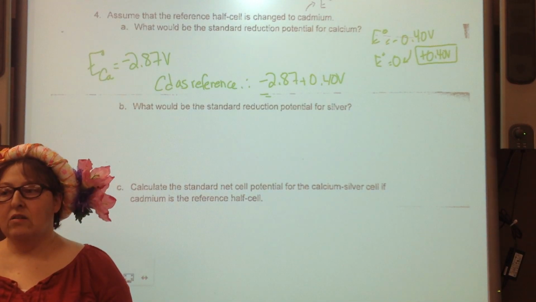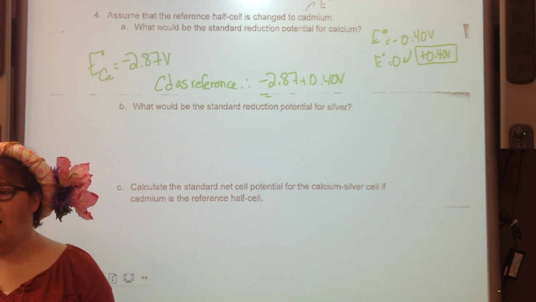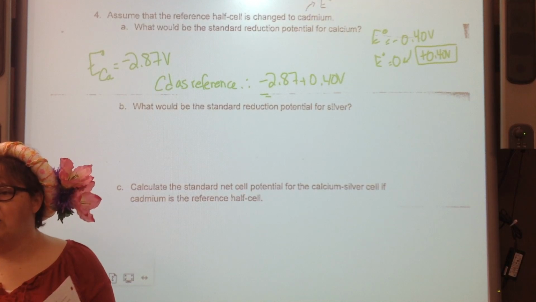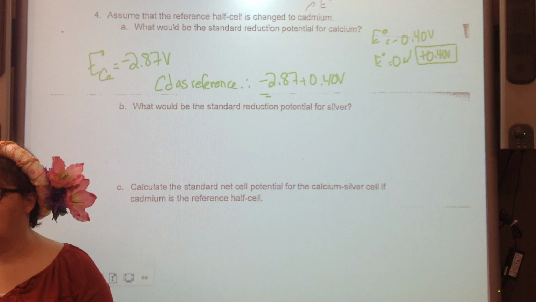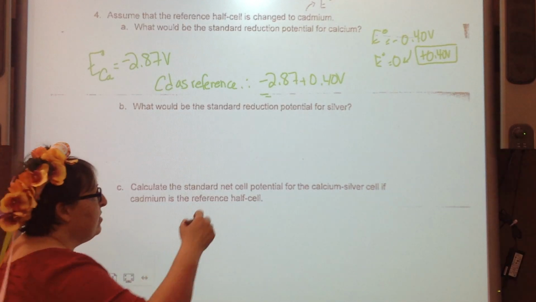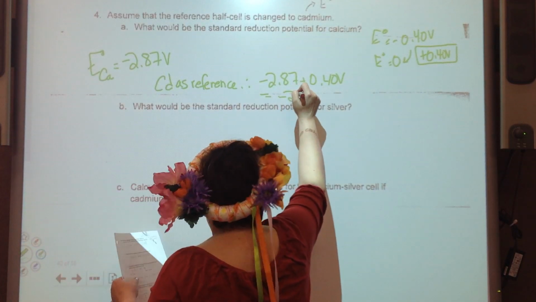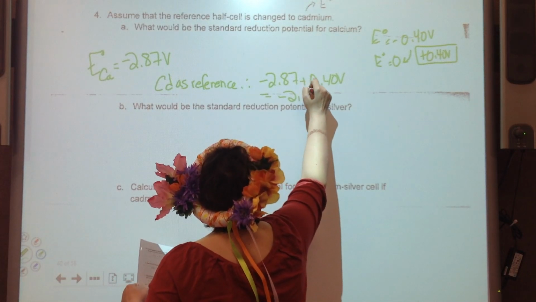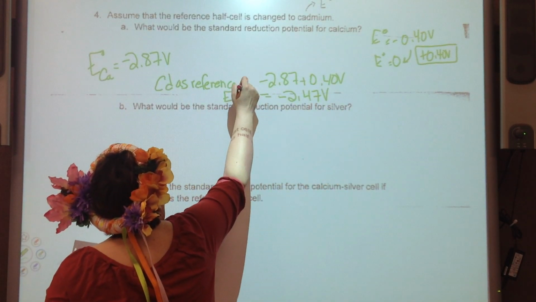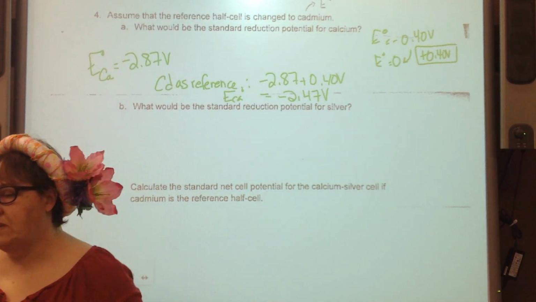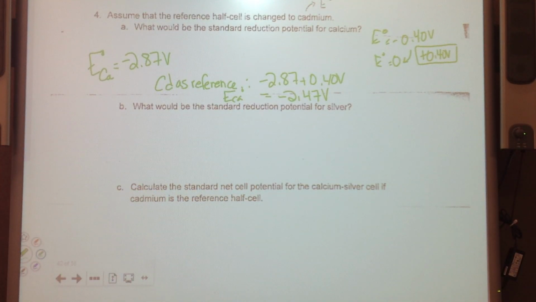So what is the answer? Negative 2.47 volts. So this would be the new calcium cell potential when it's in relation to cadmium.